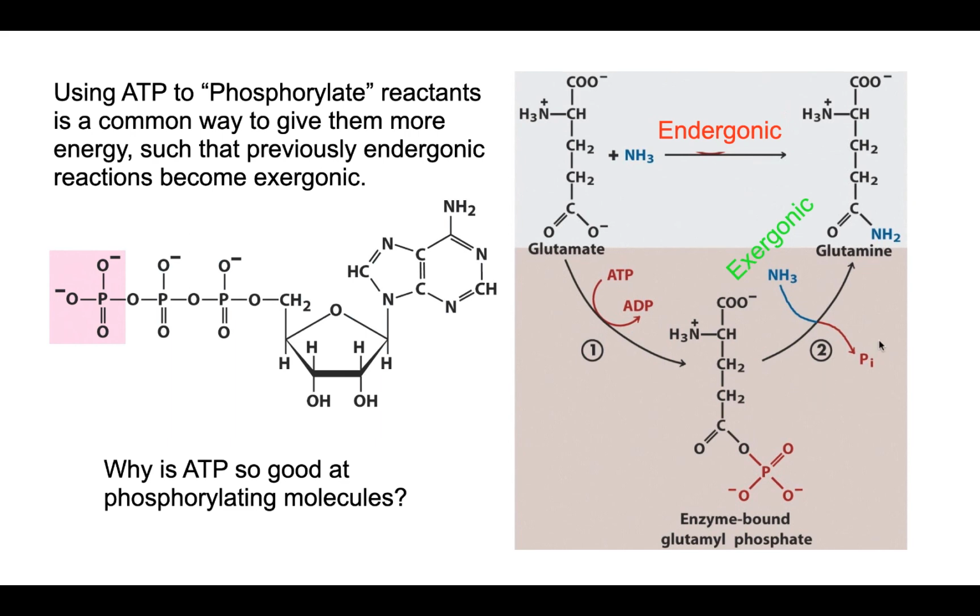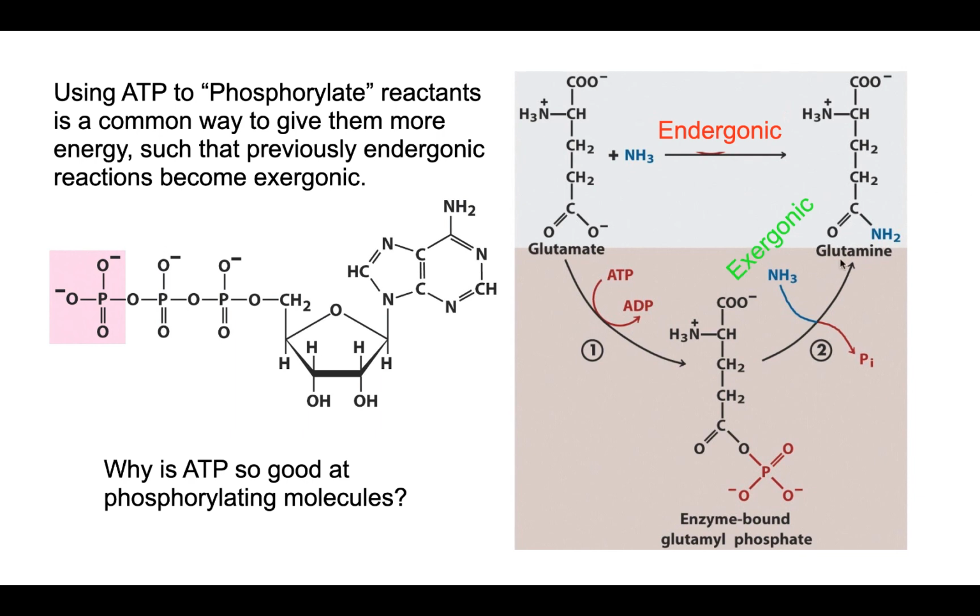And notice, we've added an inorganic phosphate, there it is, and then when we turn this into glutamine, we've just gotten rid of that inorganic phosphate. That demonstrates that the inorganic phosphate has nothing to do with the structure of glutamine.